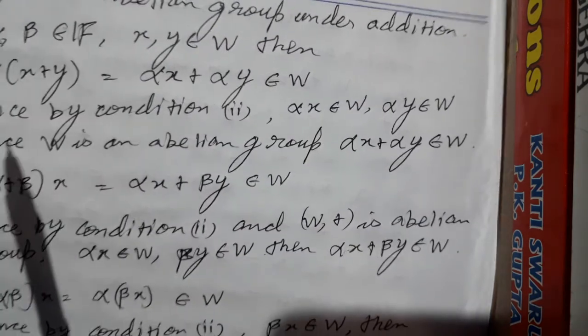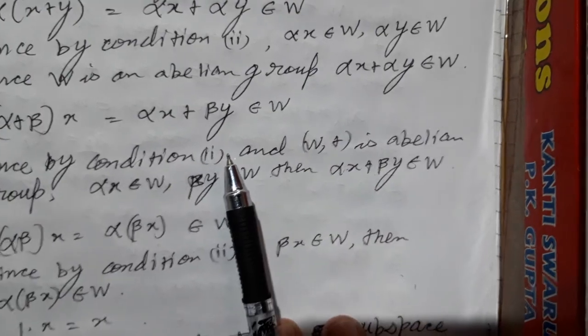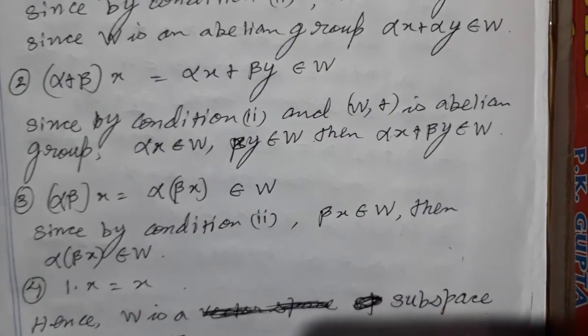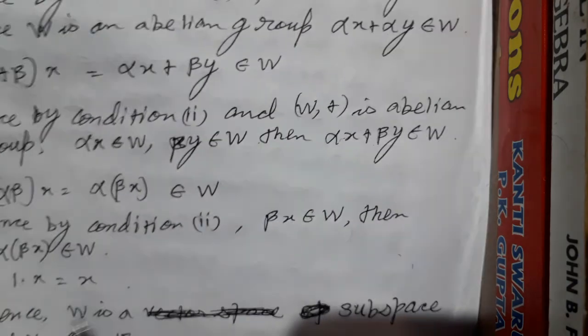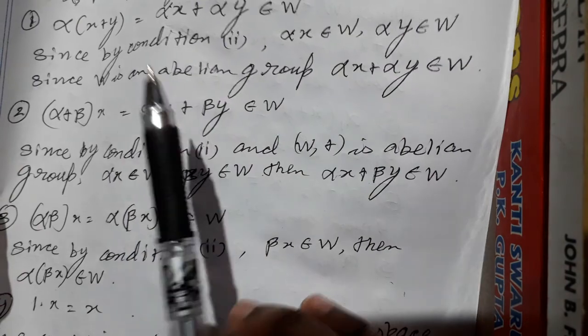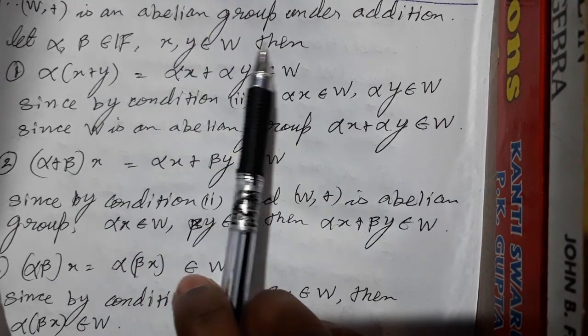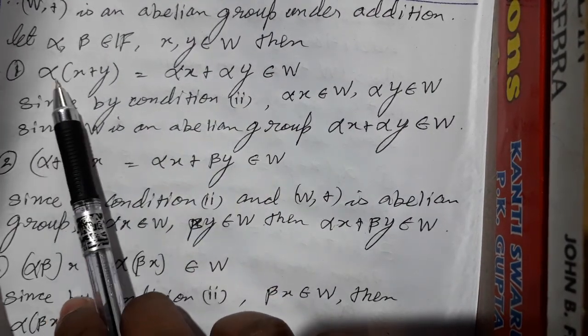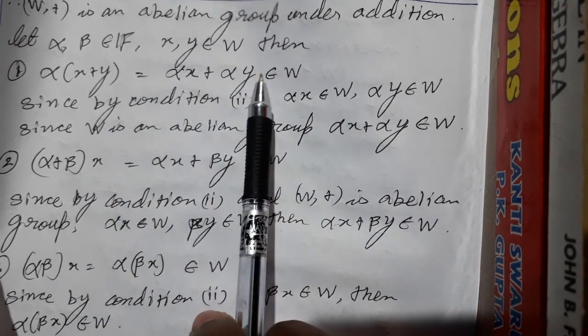Now we'll try to prove the fourth condition of the vector space. First, I'm taking alpha, beta belonging to the field, and I take two vectors from W. Then the first point was alpha(x + y), which is equal to alpha x plus alpha y.